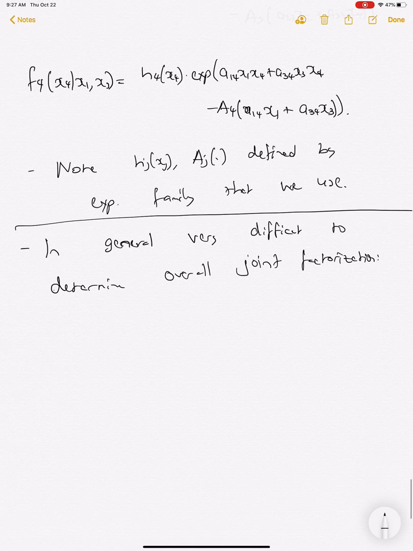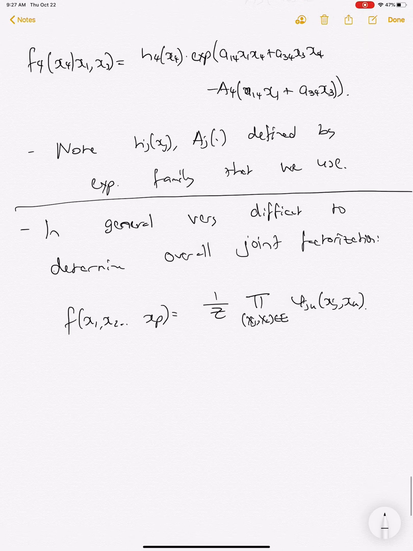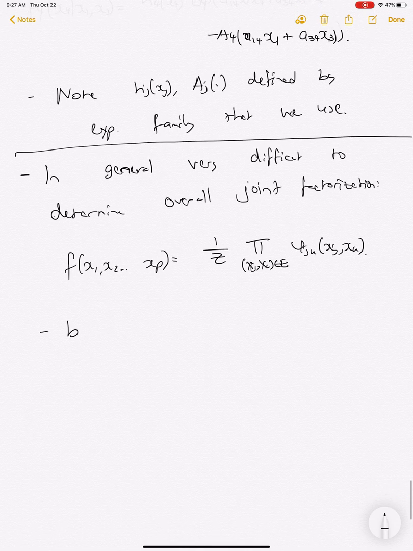Remember that the overall joint factorization for an undirected graph was this, which is this 1 over z, because z is very difficult to compute.